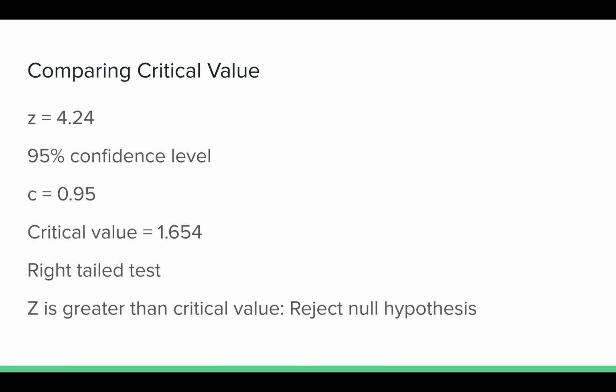We found this because we were looking for a right-tailed test rather than a left-tailed test or two-tailed test. And so I'm using a right-tailed test because I'm trying to test whether p is greater than 0.5. So if z is greater than the critical value, we reject the null hypothesis, and 4.24 is greater than 1.654, so we reject the null hypothesis.